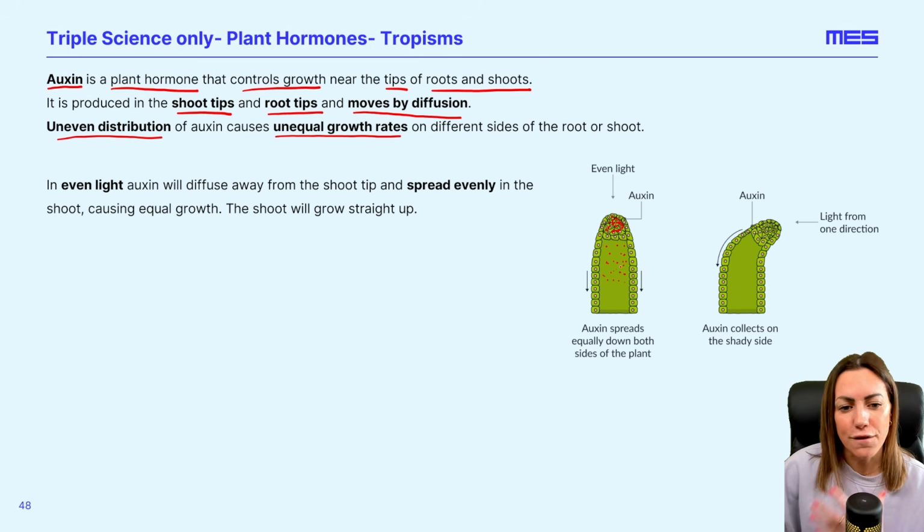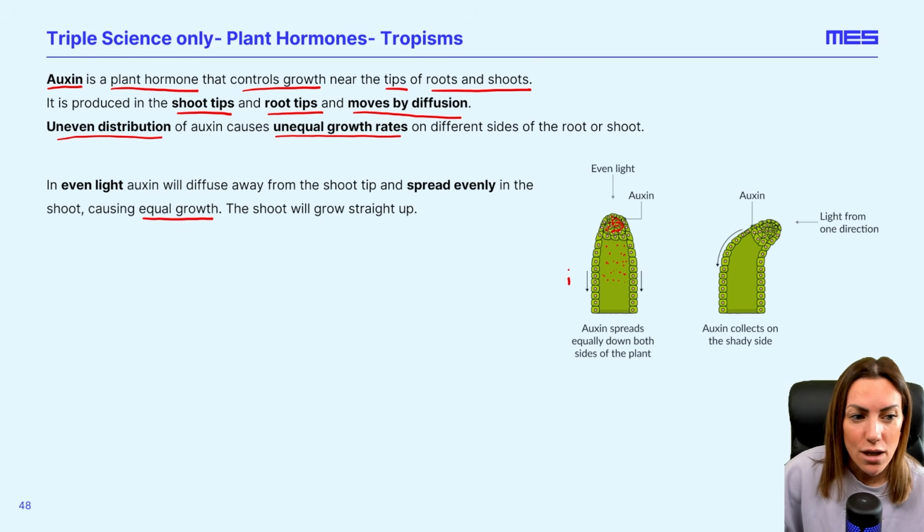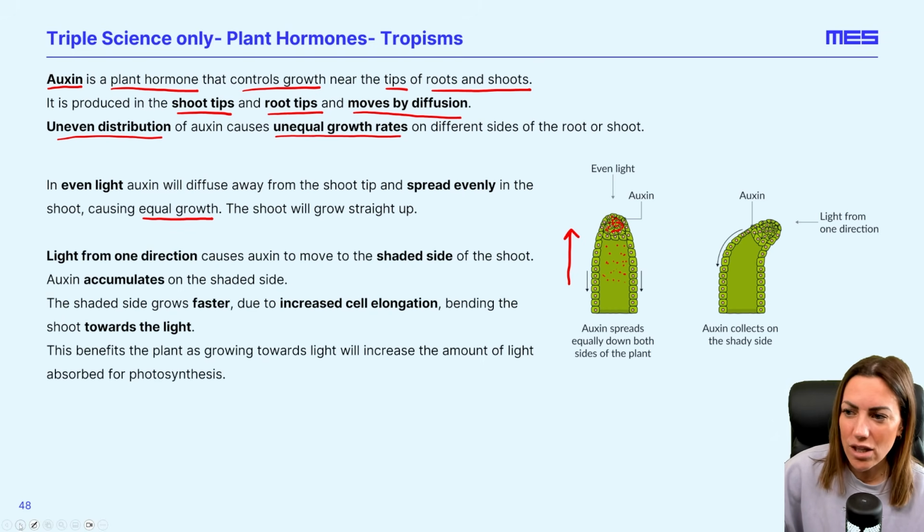So you'll get even distribution of auxin, which means you get equal growth. So the shoot will grow evenly on both sides and the shoot will just grow straight up, okay? But let's have a look at another scenario.